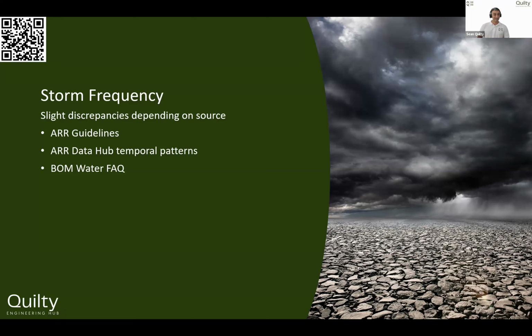There's the ARR Data Hub, where you can get your temporal patterns from, and I'll show you that in a few minutes. And then there's a Bureau of Meteorology Water Frequently Asked Questions website. Each of these sources will have a slightly different take on the storm frequencies. So it's important to know that terminology, because when somebody's talking about a frequent storm, you might be talking about an infrequent storm.